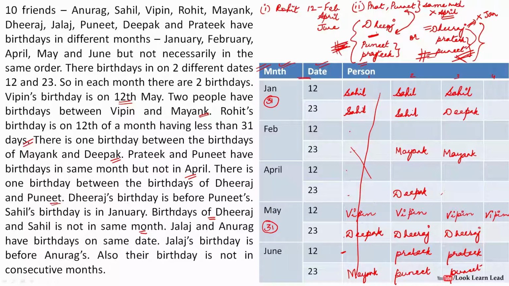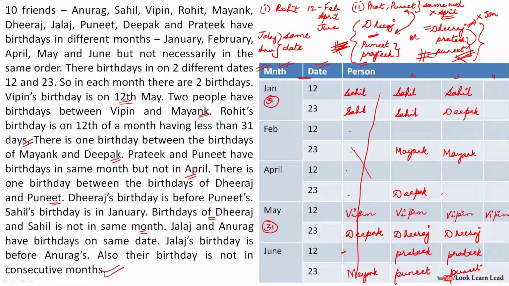Next, we have Jalaj and Anurag, who have birthdays on the same date, and in non-consecutive months. That is, there should be a gap of one month between their birthdays. Now let's see what is left. Sahil can be here and here.